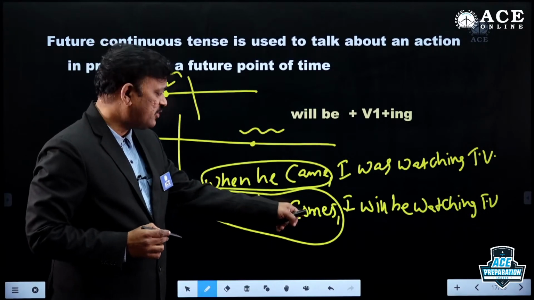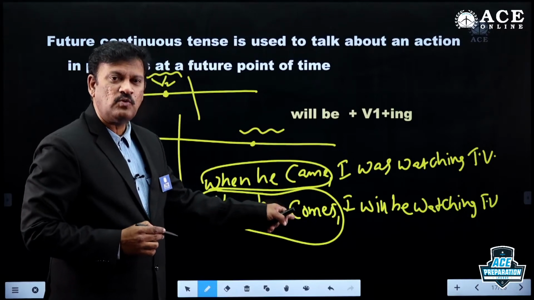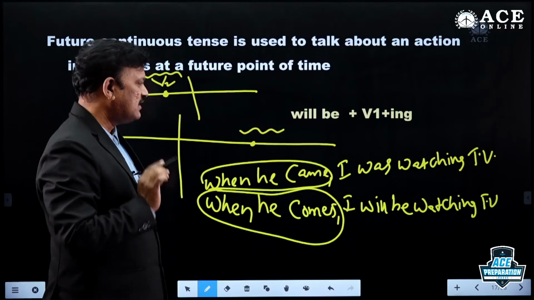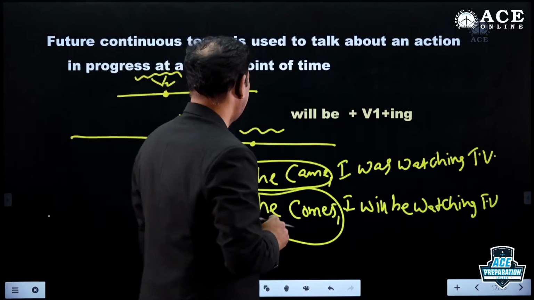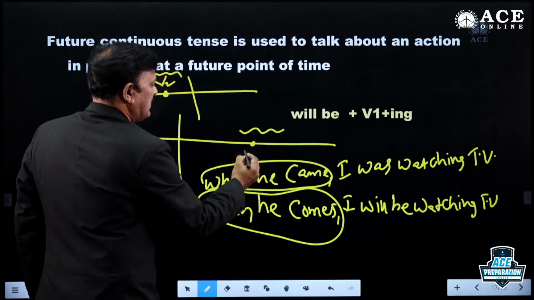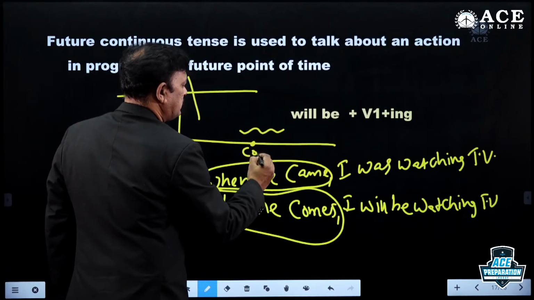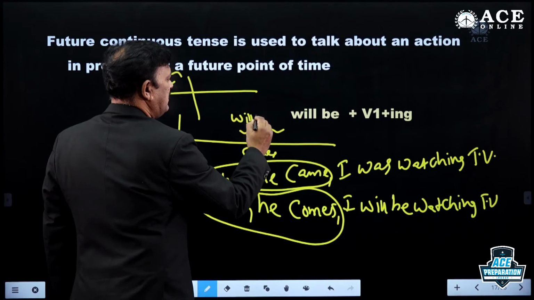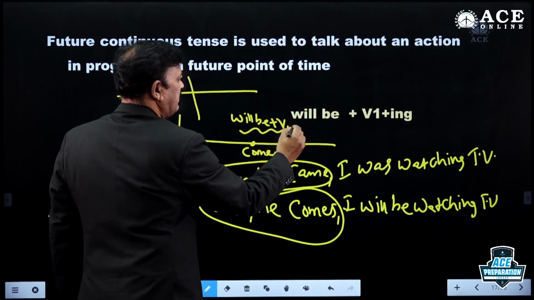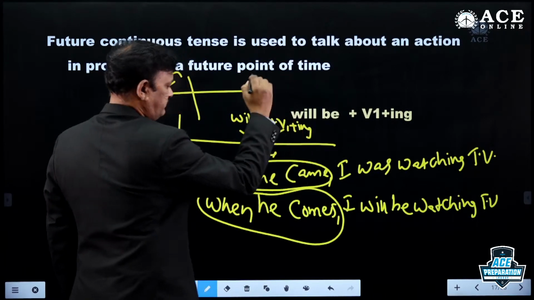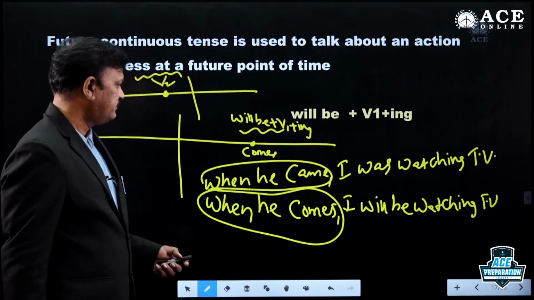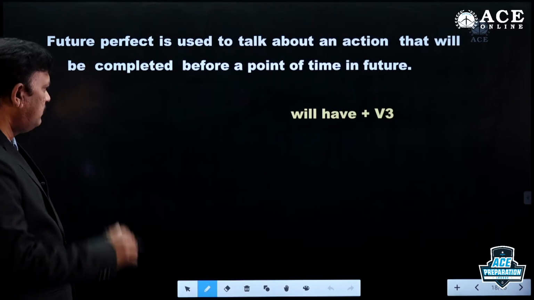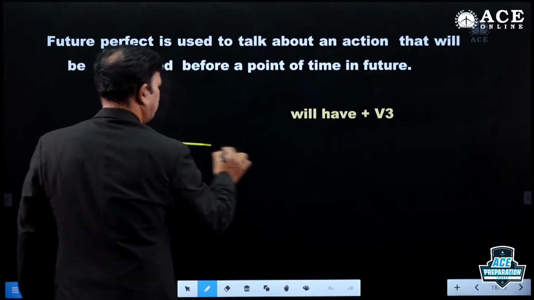But you pay attention to this verb, comes. I am using the present form to indicate future time. Okay, this one should get into your system. So this one is "comes," and the other action is will be plus V1 plus ing form.